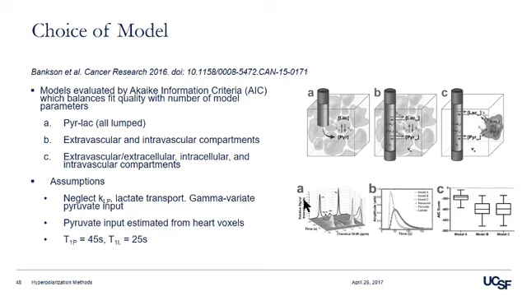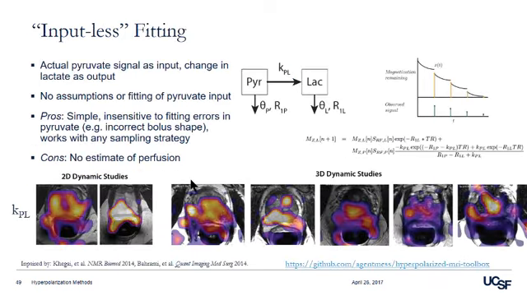The other thing that we often need to do is make some assumptions about both the backwards conversion rate, or maybe the input, or our relaxation rates. So these are considerations to think about. Another approach that I've liked recently is what I call an inputless fitting, where you don't actually incorporate any information about the pyruvate input shape or bolus, and simply fit the change in lactate based on the pyruvate input at a given time.